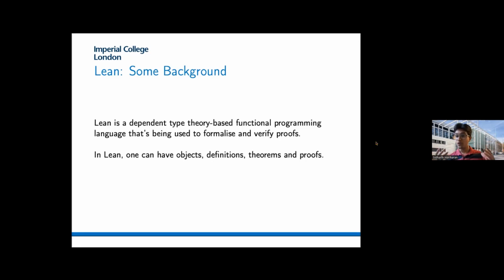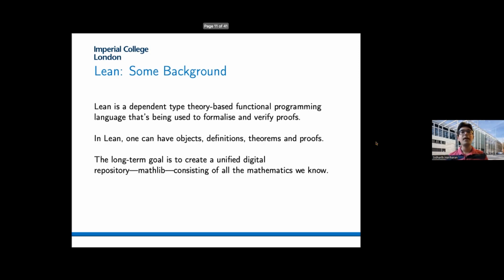And the proof of a theorem simply becomes the algorithm that takes these hypotheses and turns them into an output. It's a step-by-step procedure from hypotheses to conclusions, just as would be the case with a mathematical proof as well. And the long-term goal, why mathematicians are really interested in Lean, is that we want to create sort of a unified digital repository of the mathematics that we know.